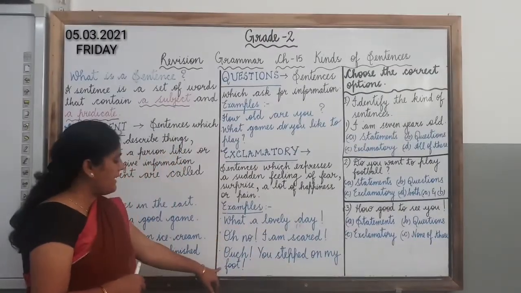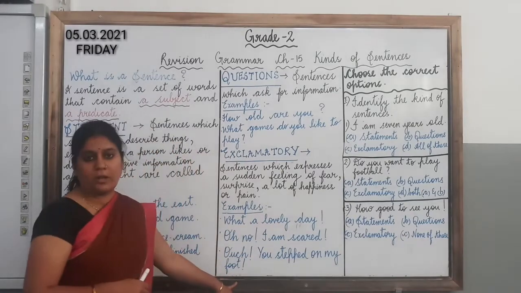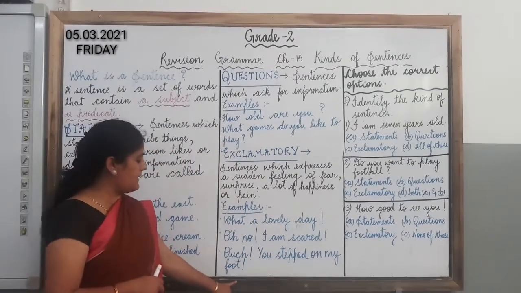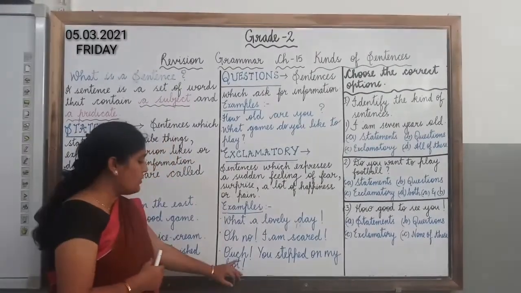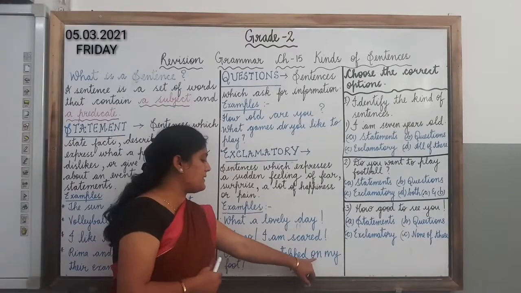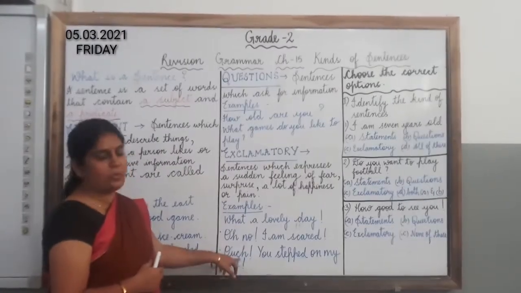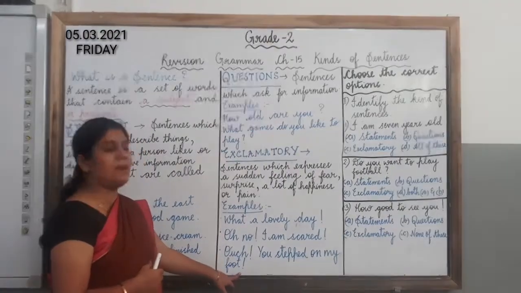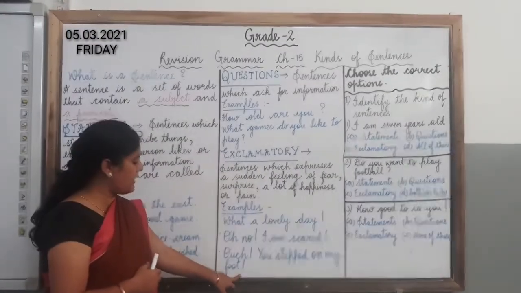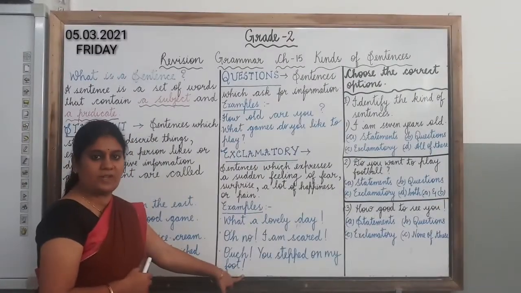In the last sentence, ouch, you stepped on my foot. Now this sentence expresses the feeling of pain. Ouch, you stepped on my foot. After the word ouch, you can see exclamation mark is used, and when the next part of the sentence is completed, then also exclamation mark is used.